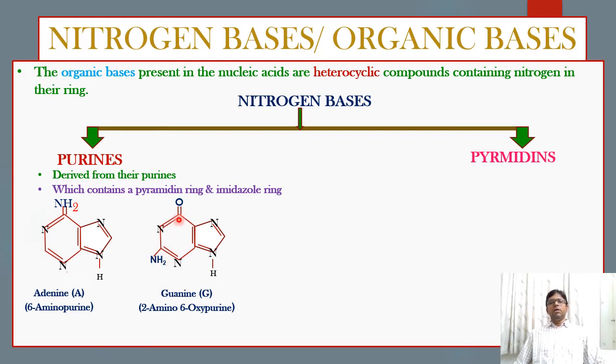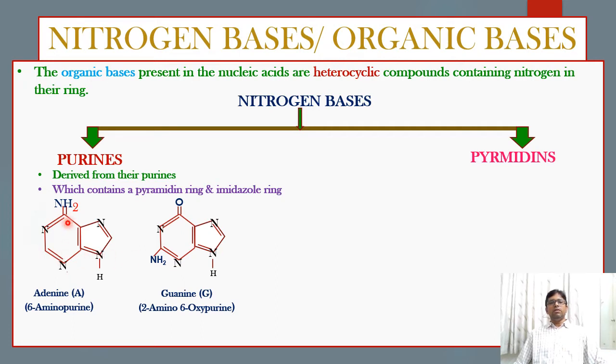On the 6th carbon, one oxygen is present in the form of a keto group. In adenine, an amino group is present on the 6th carbon, whereas in guanine, oxygen is present on the 6th carbon. In guanine, on the 2nd carbon, an amino group is present that is missing in adenine. So this is the difference.